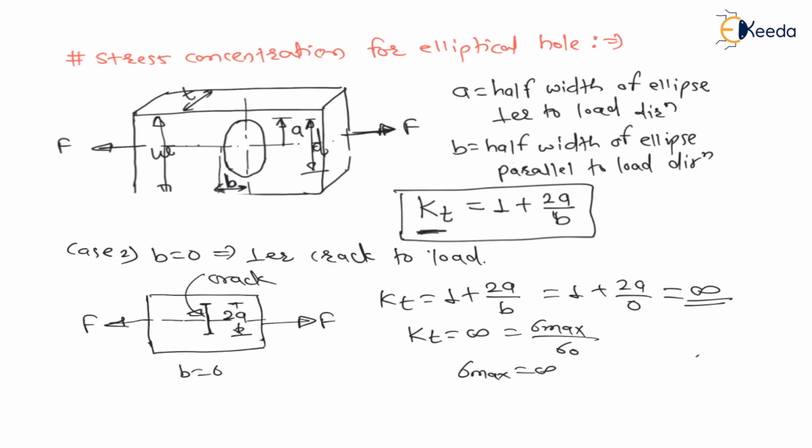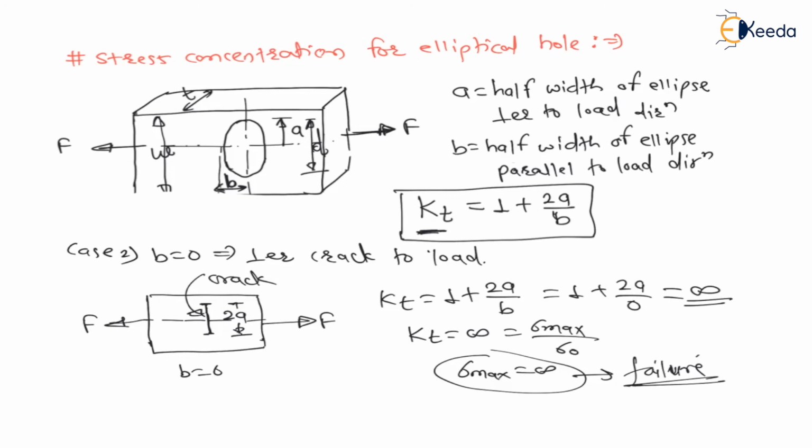That means for such a type of crack, the material fails at very less load. For any load, even very less load, the maximum stress is infinite. Means the material will fail suddenly; failure is already there. Hence for such type of materials, the material will fail for a very small amount of force, right?